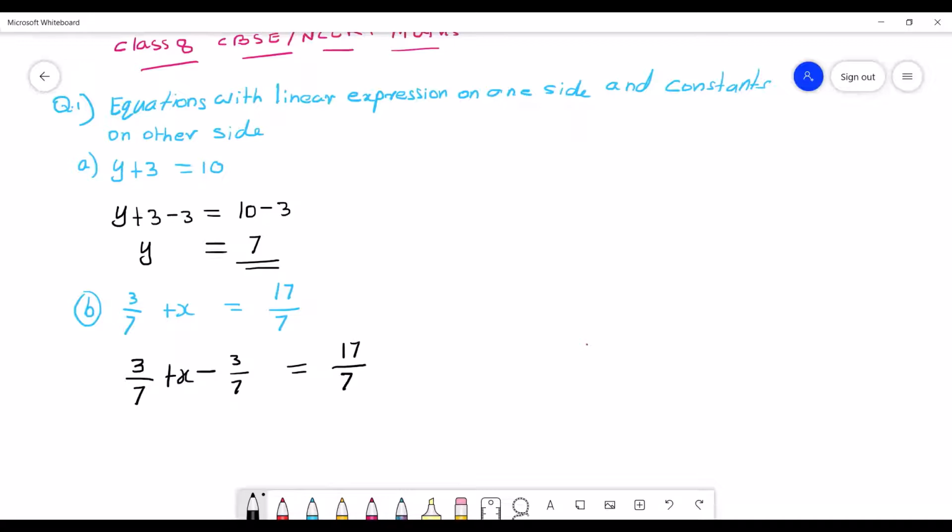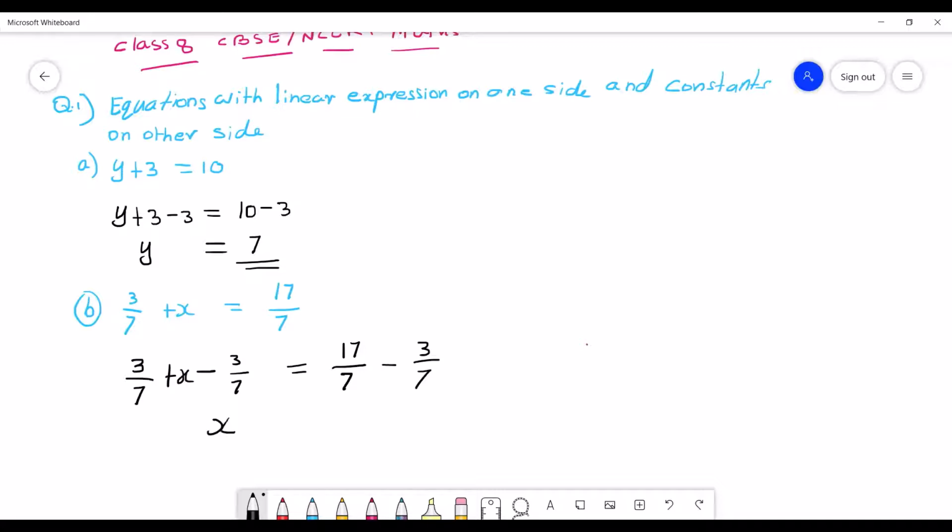Whatever operations you are doing on the left hand side, the same thing you have to do on the right hand side also. On the right hand side we are having 17 by 7. So we minus 3 by 7 from the left hand side, and the same 3 by 7 we have to minus on the right hand side also. So 3 by 7 minus 3 by 7 will get cancelled.